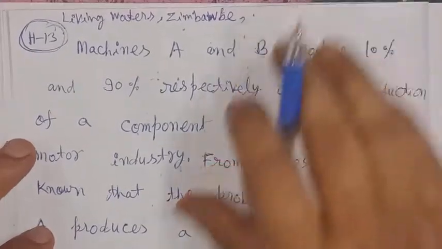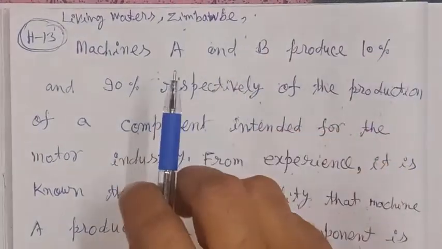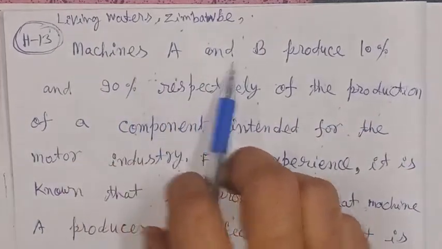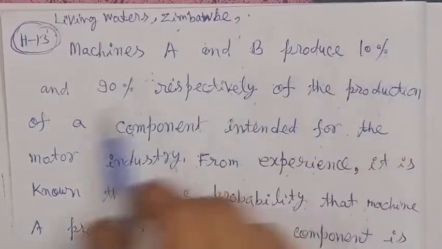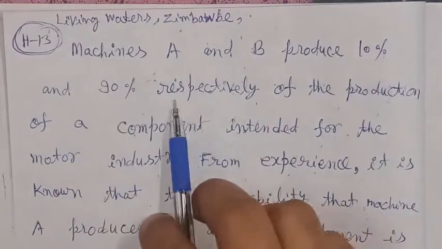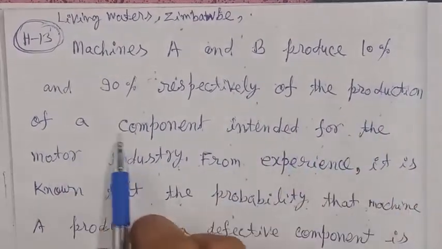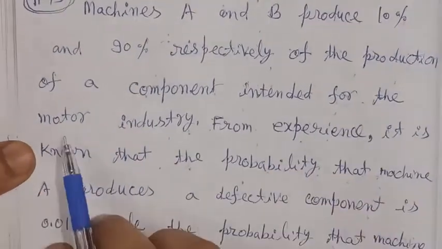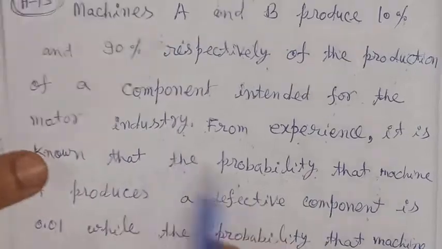This problem is related to probability. Machines A and B produce 10% and 90% respectively of the production of a component intended for the motor industry.